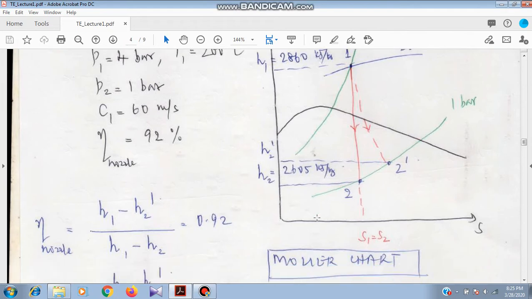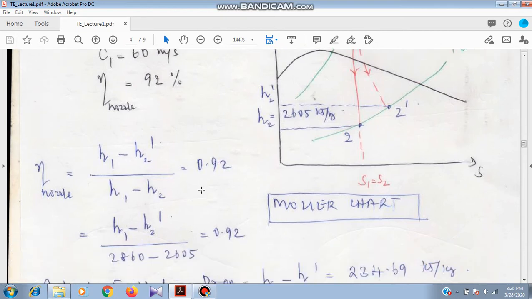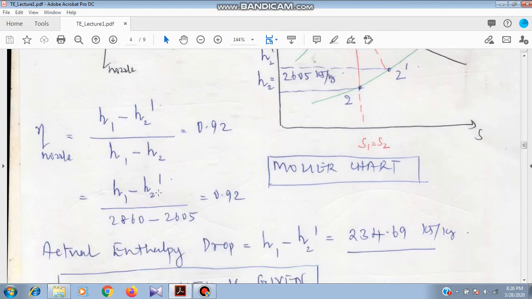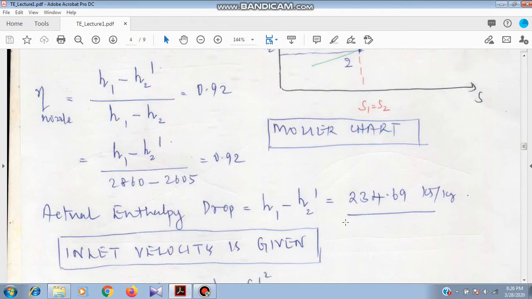Now, H1 and H2 are given. You know the expression for nozzle efficiency, that is (H1 minus H2 dash) by (H1 minus H2), and by substituting values of H1, H2 and nozzle efficiency, you will get H2 dash, or you will get the actual enthalpy drop H1 minus H2 dash.